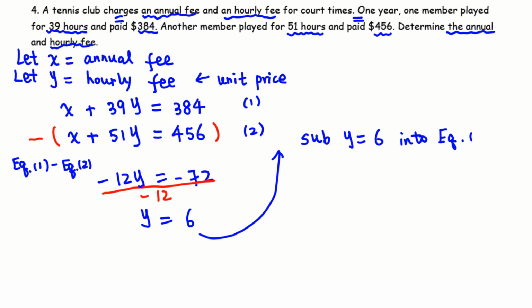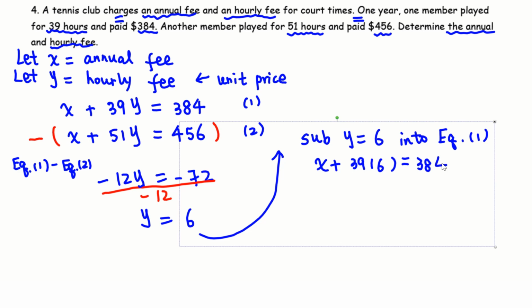So just equation 1: x plus 39 times 6 equals 384. In order to solve for x, we move the numbers to the other side. So 384 take away 39 times 6, which is 234. Then x equals 150.